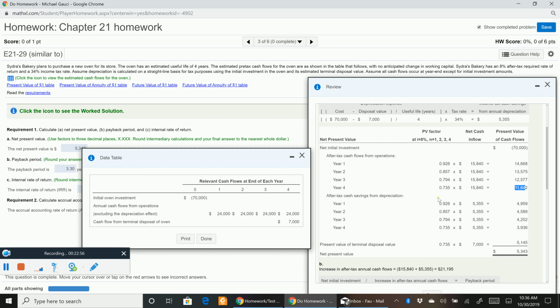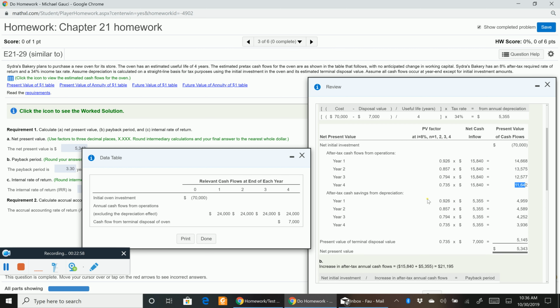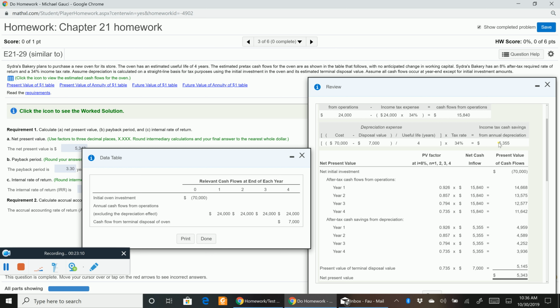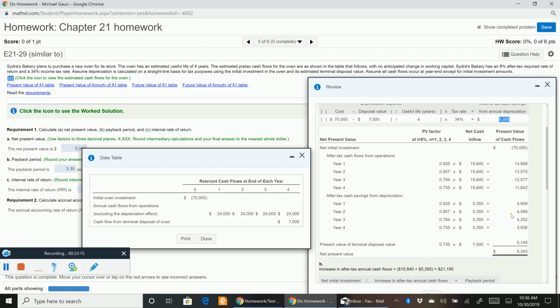In addition to the additional cash flows after tax, we have the savings on our taxes from this additional depreciation expense. The same factors for the 4 years, and we said earlier the tax savings from depreciation, $5,355. So here are our 4 amounts, and then of course at the end of 4 years we'll be able to get a $7,000 cash inflow from disposing of the equipment.